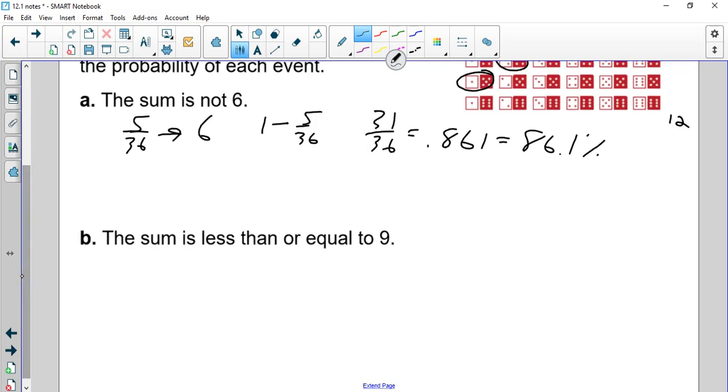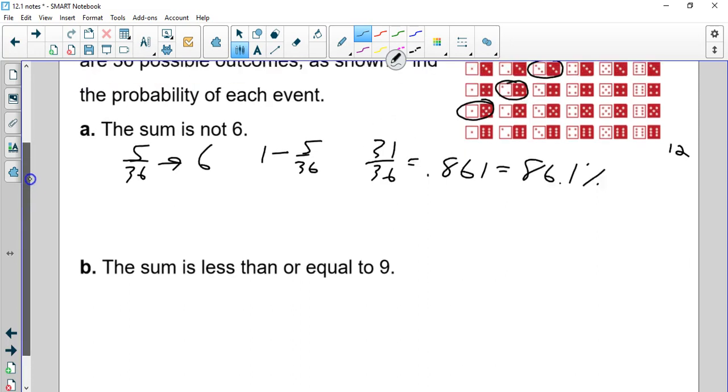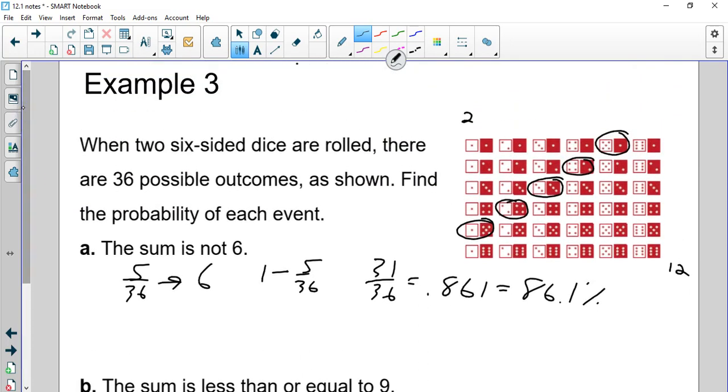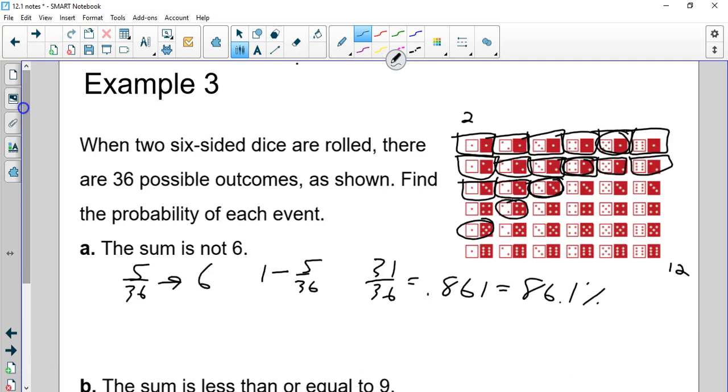The sum is less than or equal to 9. So we have 2, 3, 4, 5, 6, 7; 3, 4, 5, 6, 7, 8; 4, 5, 6, 7, 8, 9.